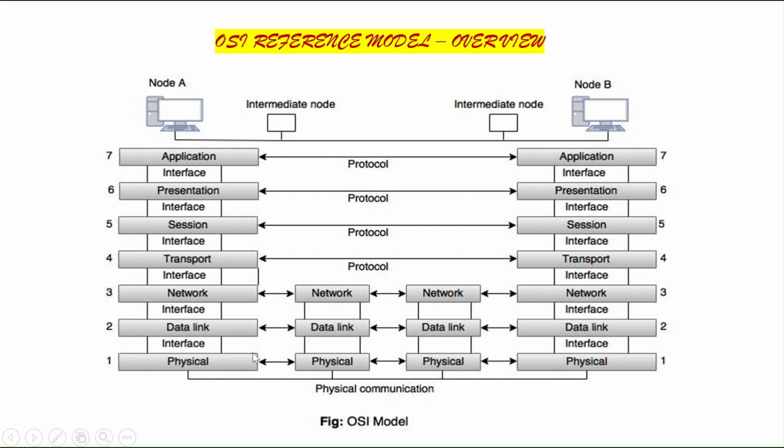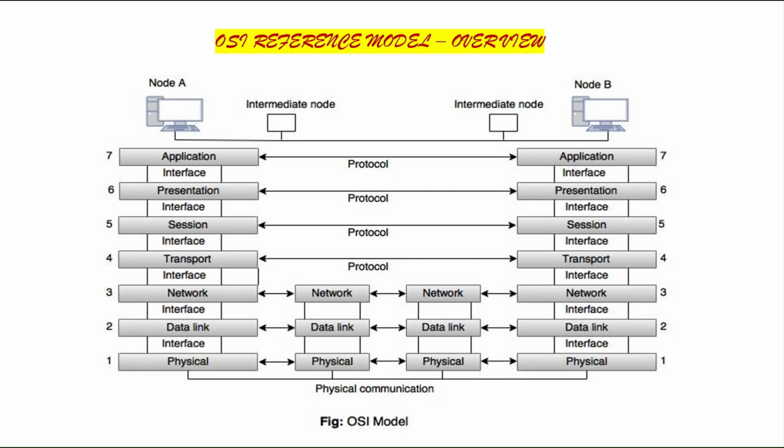Each layer of the OSI model interacts with the layer directly above and below it, encapsulating and transmitting data in a structured manner. This approach helps network professionals troubleshoot issues, as problems can be isolated to a specific layer. The OSI model serves as a universal language for networking, providing common ground for different systems to communicate effectively.